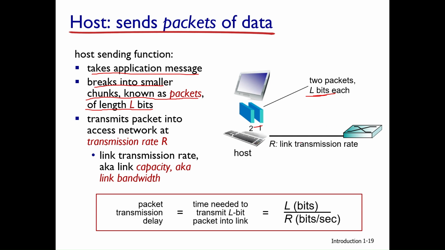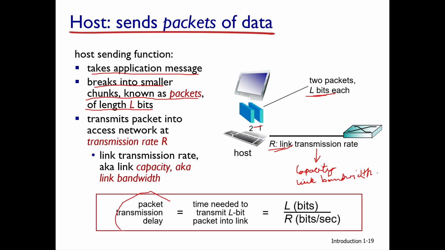The host transmits each packet into the access network at a transmission rate R. The link transmission rate is also known as the link capacity or link bandwidth.